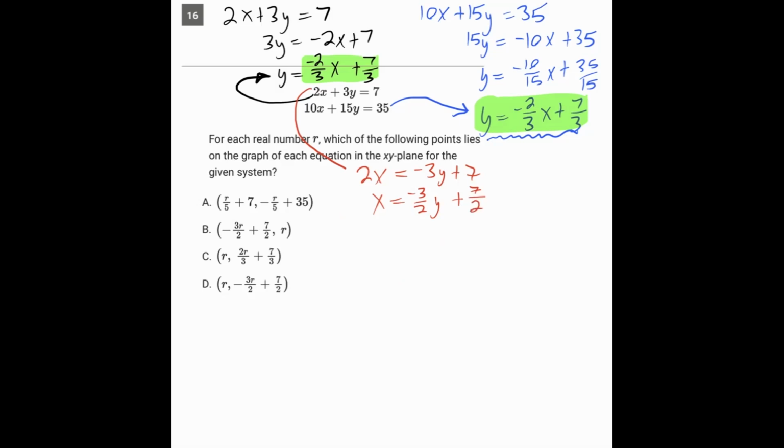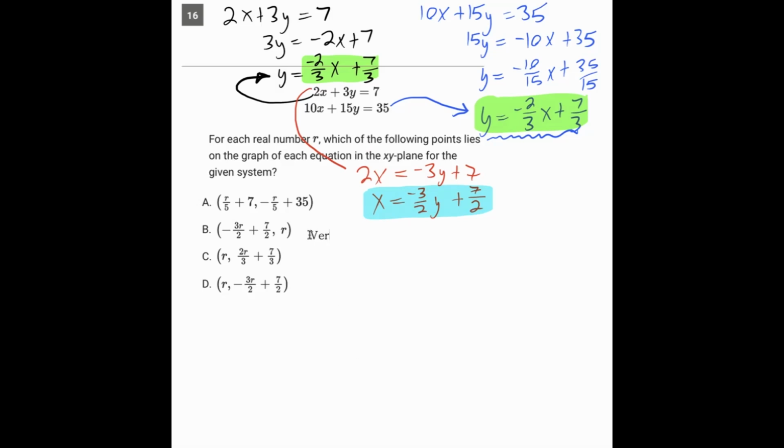So we have the same solution expressed in terms of what the y equals and in terms of what the x equals. So to be anywhere on that line, the y value needs to be equal to negative 2/3 times the x value plus 7/3, or the x value needs to be equal to negative 3 over 2 y plus 7 over 2.